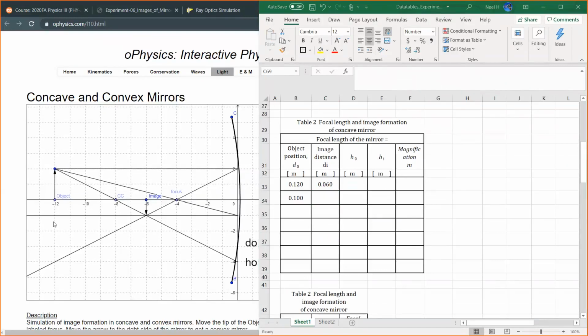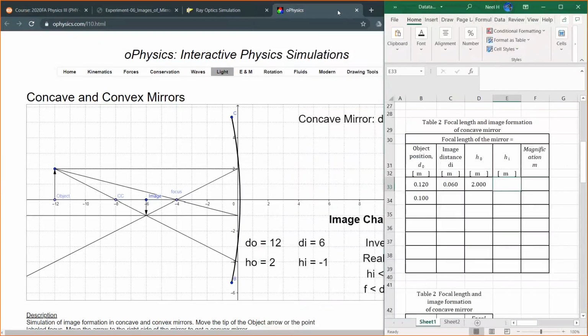We need to record the object height and the image height. Object height is now about 2 centimeters, 2 squares. And then the image height, you can see it is changing; later we may have to estimate the numbers in between. Right now the image height is about 1 centimeter.